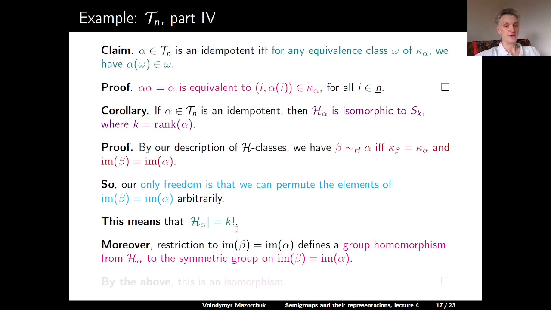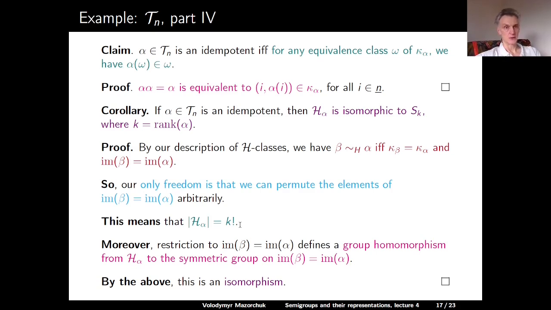Moreover, if we restrict both alpha and beta to this common image, we will get that this restriction is a group homomorphism from H_alpha to the symmetric group on the image, and because we have exactly k factorial elements, this homomorphism is bijective, so it's an isomorphism.